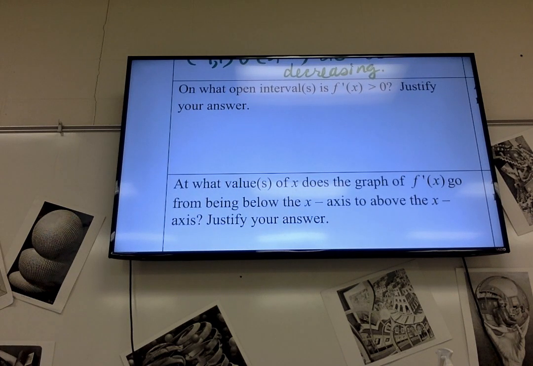Uh-oh. How did you write it out in here? It said f prime of x is greater than 0 on parentheses, negative infinity to -4, parentheses, union, parentheses, 1 to 5, parentheses, because f of x is increasing.